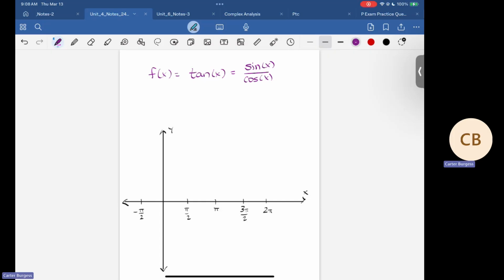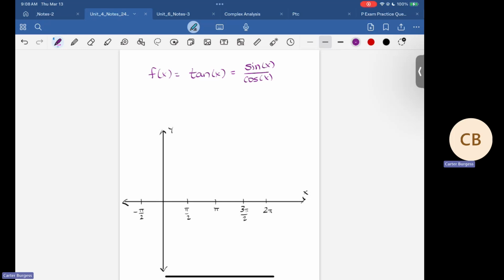Why might we run into some domain issues here, Samir? Because of the way I asked the question? Okay. What about tangent, specifically written as sine of x over cosine of x, points us in the direction of maybe we're going to run into some problems with our domain?